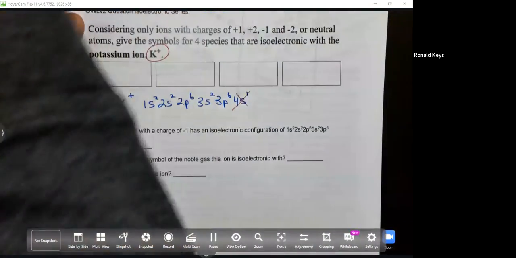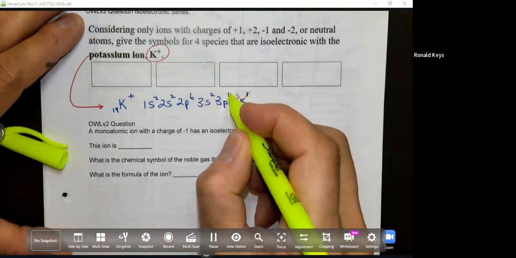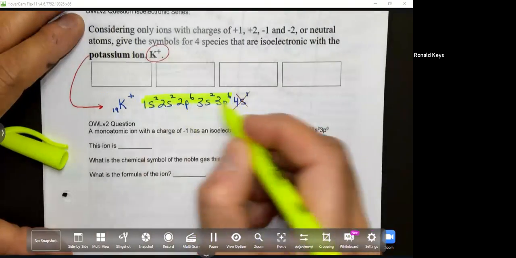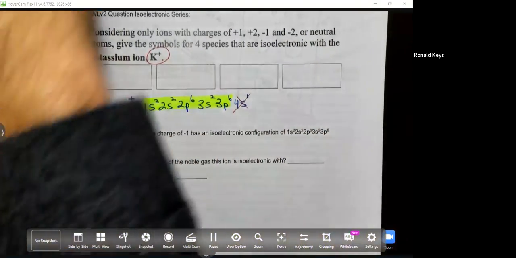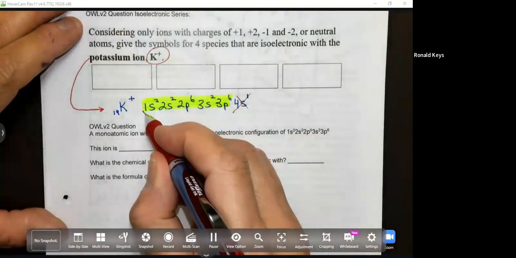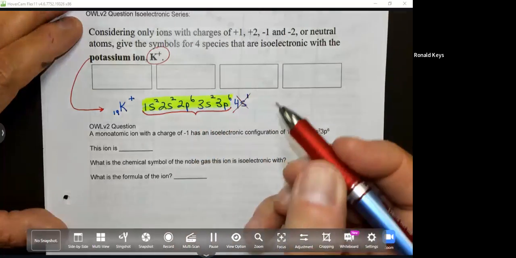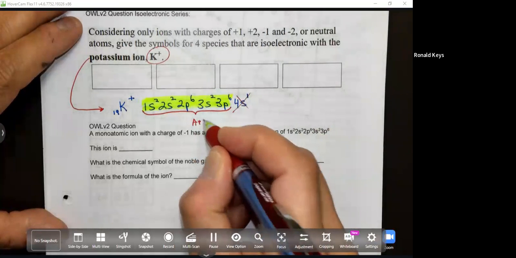So this remaining here is exactly the same electron configuration as what noble gas? That's argon.